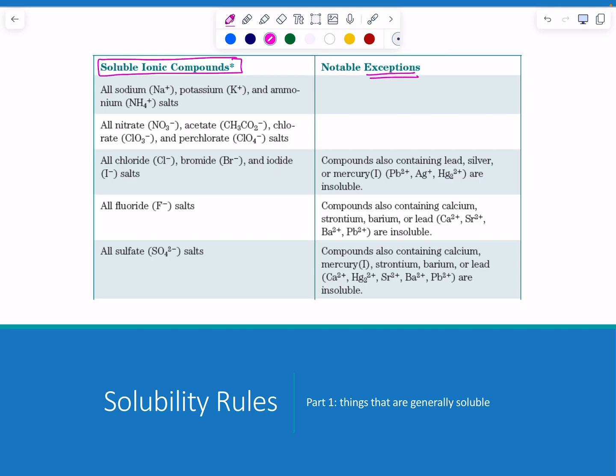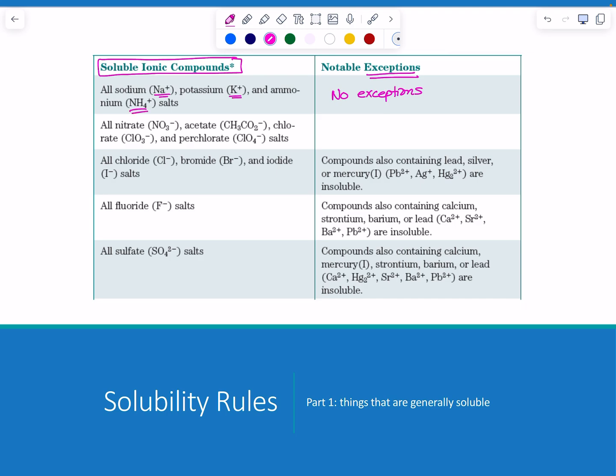So if we look at the top of this table, we can see that anything that's a compound with salt is going to be soluble. There are no exceptions. Anything with potassium and anything with ammonium is going to be soluble.